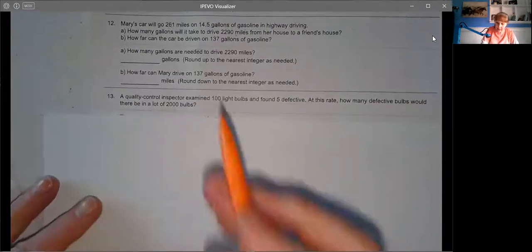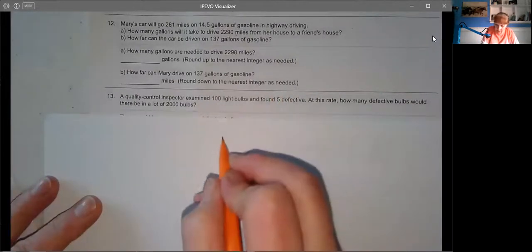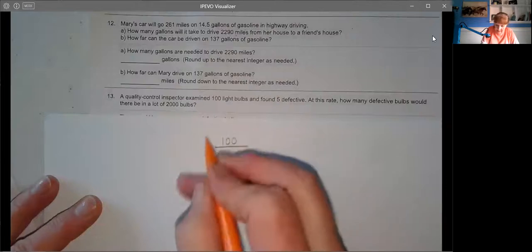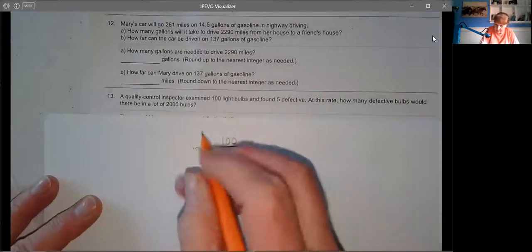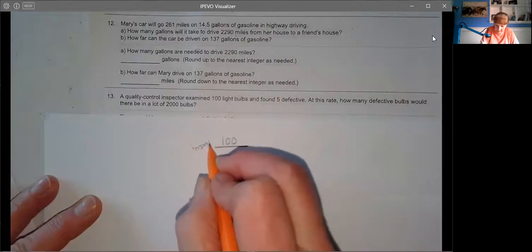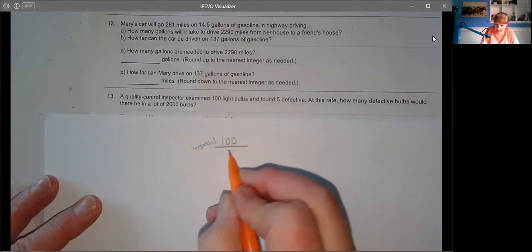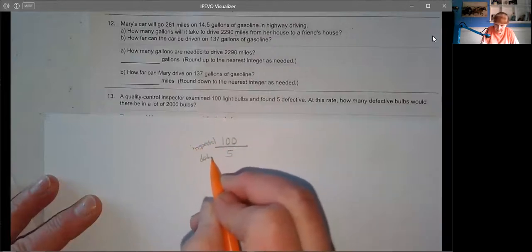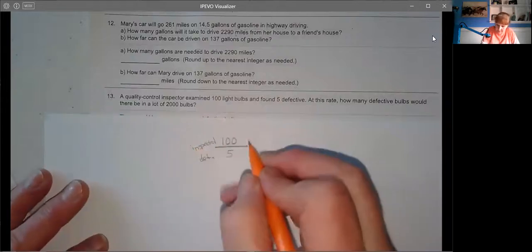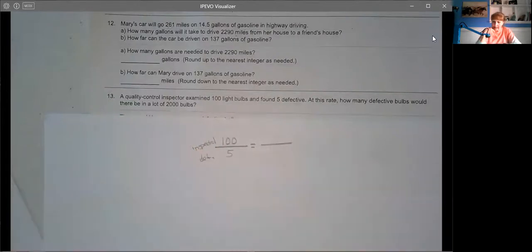So let's go ahead and set up with our original. So we have 100 examined or inspected, and 5 defective. Okay, so the defective are going to go in the denominator. At this rate means they're proportional.